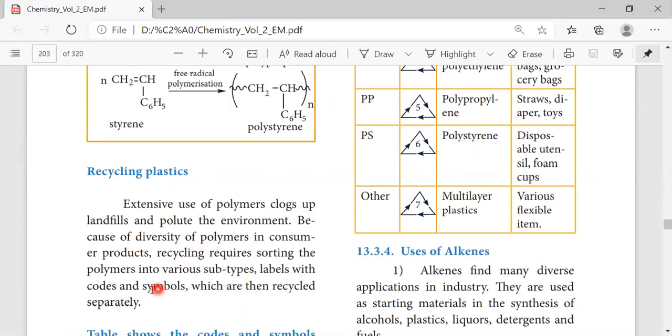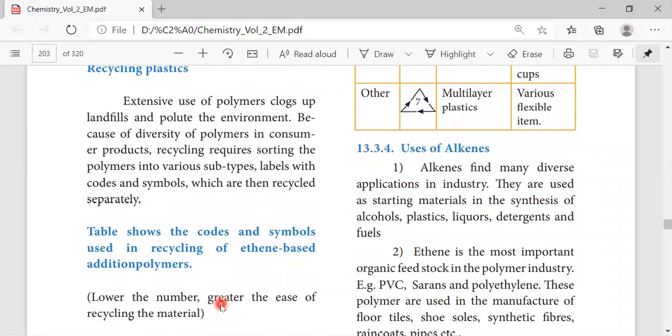So we have to check whether the labels have specific symbols and codes, whether it is recyclable or non-recyclable. That we have to check, and then we have to dispose of the recyclable and non-recyclable separately. That we have to keep separated.